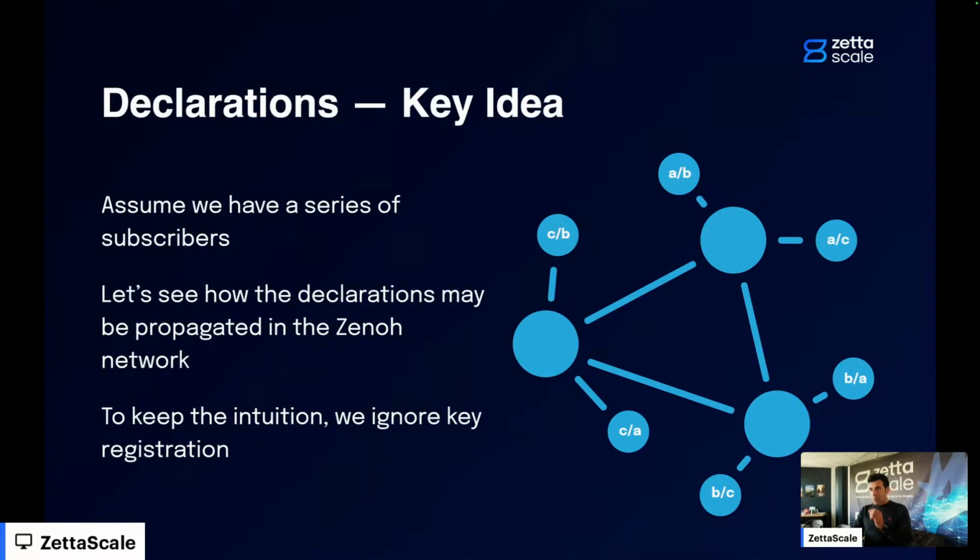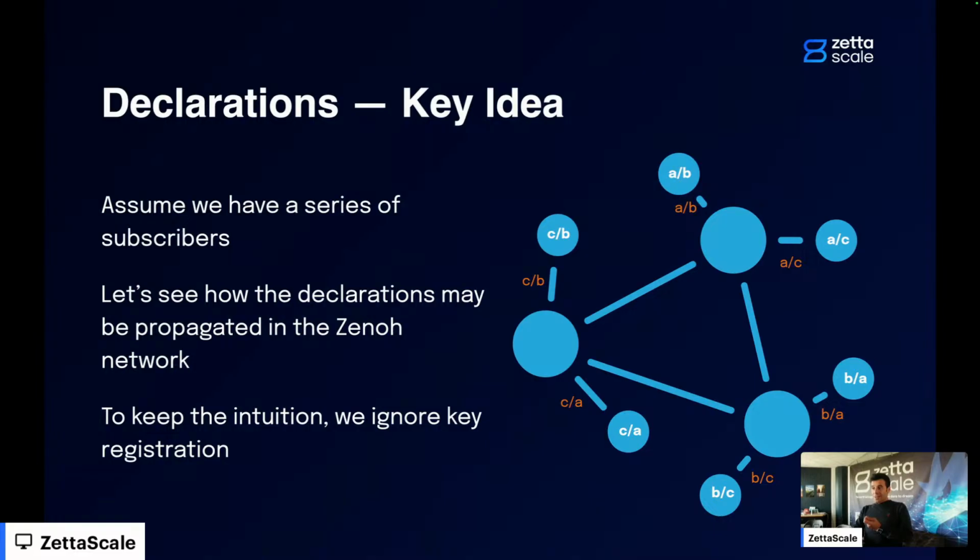Okay, now let's assume that we have a series of subscribers, as indicated here in this diagram. And let's assume that we have a subscriber for A/B, a subscriber for A/C, B/A, B/C, C/A, C/B. Okay, now they were declared. Now let's see what happens in terms of declaration, and let's try to build the intuition behind this.